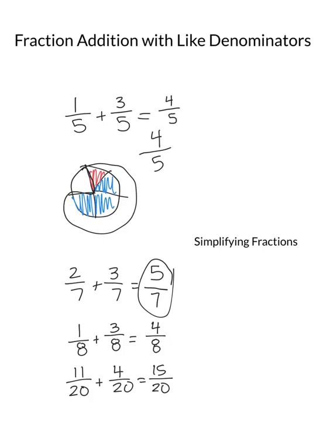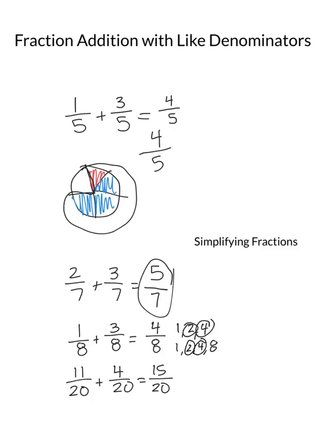So what I do in order to do this is I think about what numbers can I divide 4 and 8 by. Well, I can divide 4 by 1 and 4 and 2. For 8, I can divide by 1 and 8 and 2 and 4. So now I'll figure out what's a number I can divide both the top and bottom by.